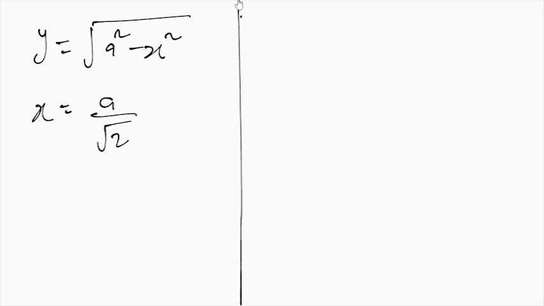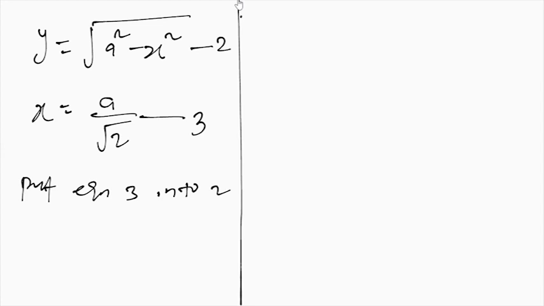So in addition, we were able to make y the subject, that we said y equals the square root of a squared minus x squared. And now we were able to deduce that x equals a divided by root 2. Let's call this equation 2 and this equation 3. So put equation 3 into 2.